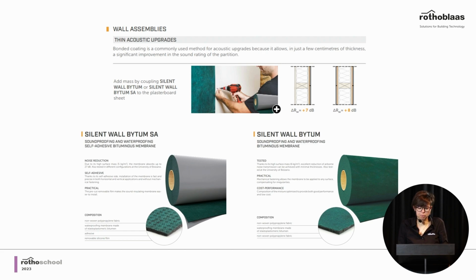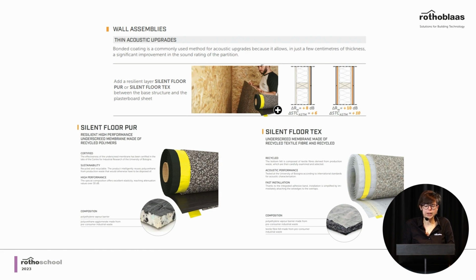So adding plasterboard panels and a massive membrane allows you to improve the acoustic performance of your wall. Another possibility is, instead of adding mass, adding a resilient material that separates the layers.